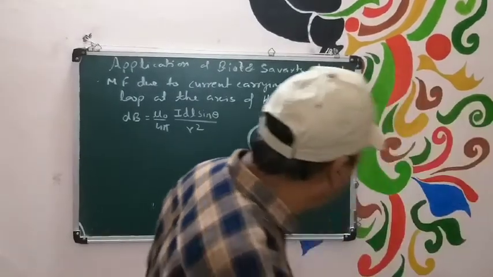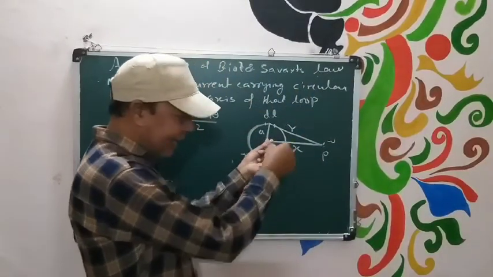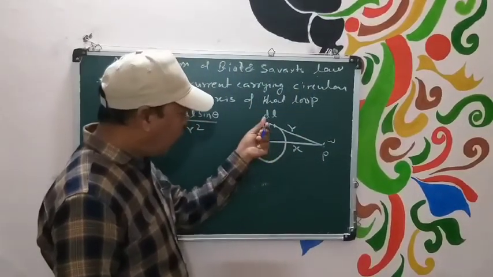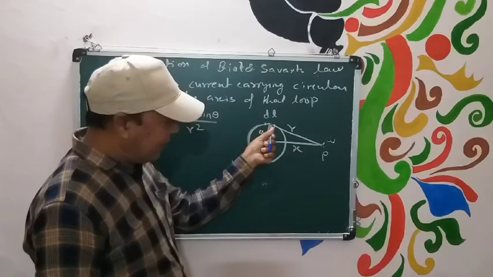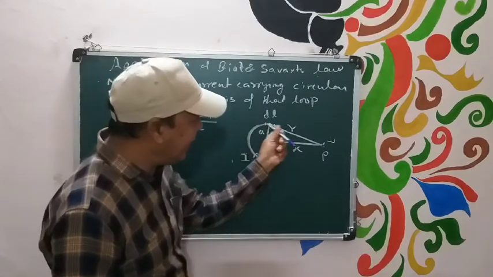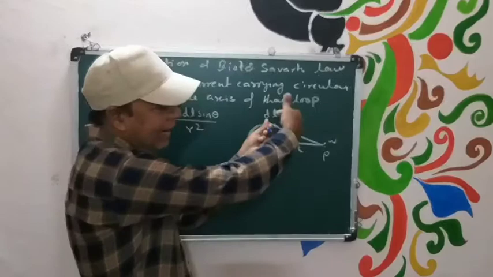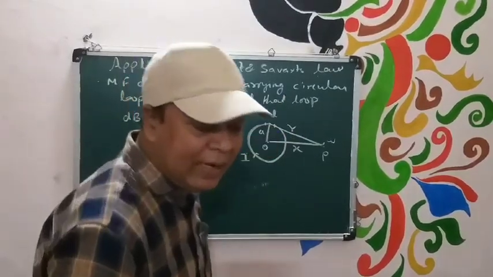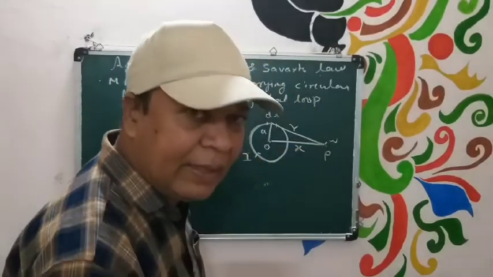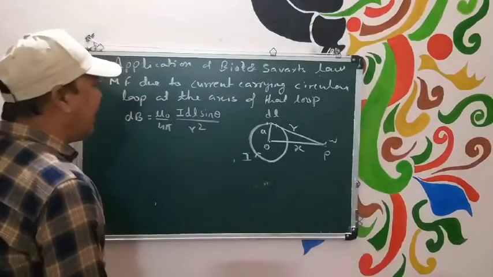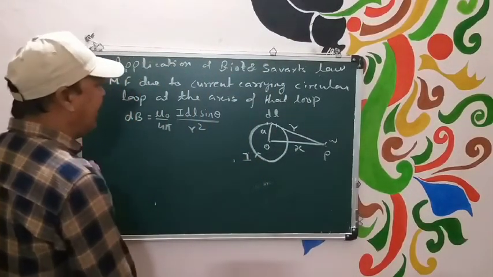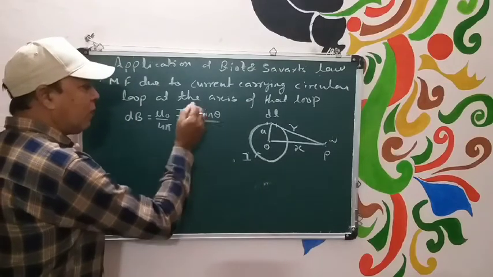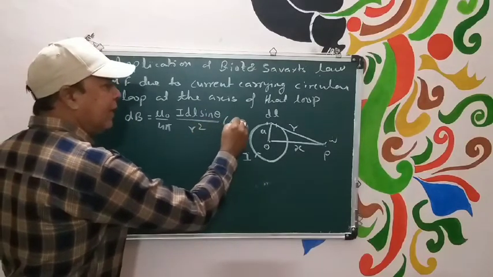Suppose this is your coil, this is your axis. So r should be in this way. That means dl is in this plane and your r is in this plane. So angle between dl and r should be equal to 90 degree. So obviously theta should be equal to 90 degree.